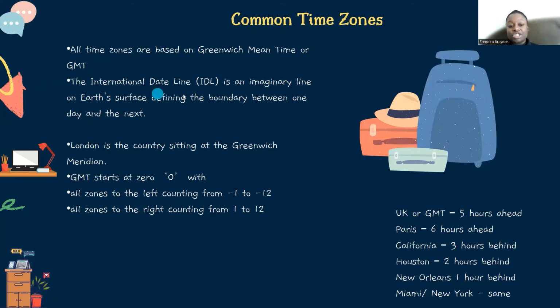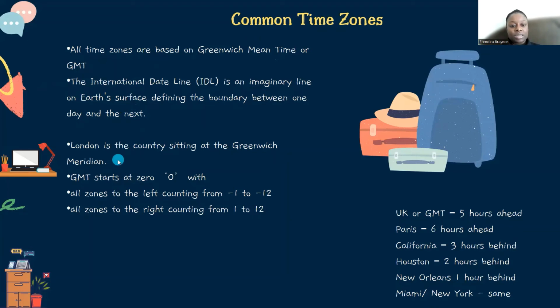The international date line is an imaginary line on the Earth's surface defining the boundary between one day and the next. As we go through time, there's only 24 hours in a day. And so after a while, there's going to be a line where if it's crossed, then we're crossing over into a brand new day. One country is in one particular day, the next country is in another particular day. That's how it works, pretty much.